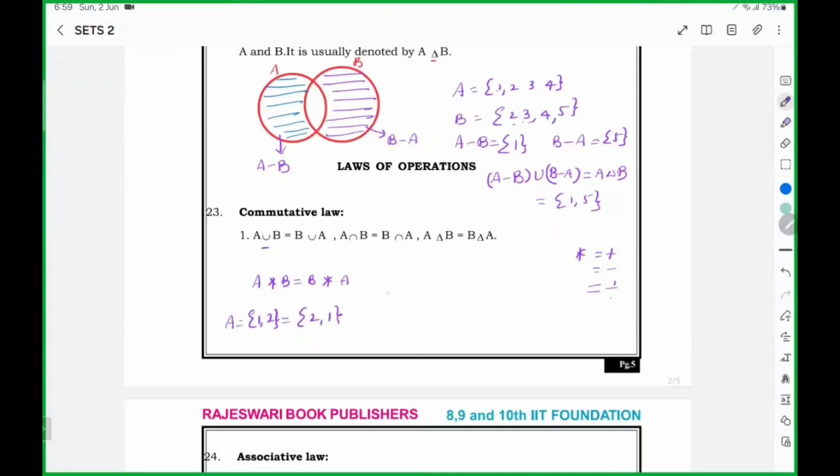So here, if you write A as 1, 2, 3 and B as 2, 3, 4, A union B is 1, 2, 3, 4, which is the same as B union A. Similarly, A intersection B is 2, 3, which is the same as B intersection A, which is also symmetric.